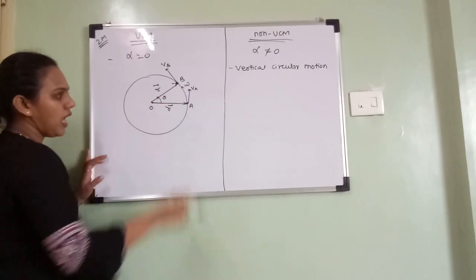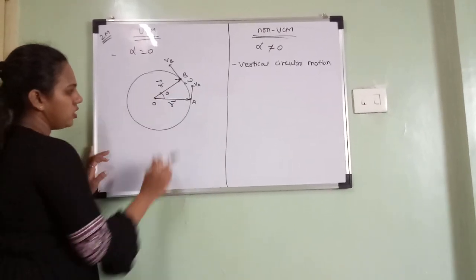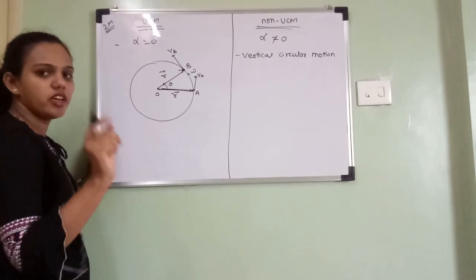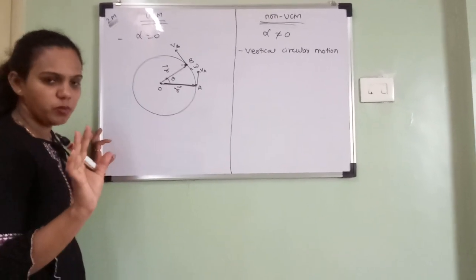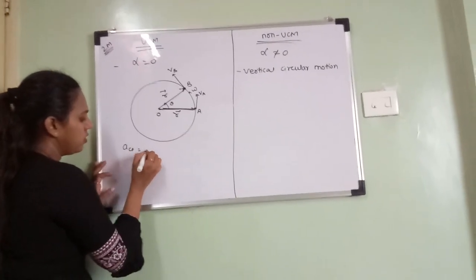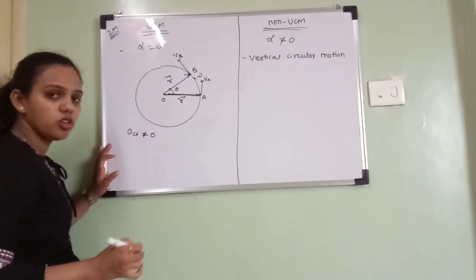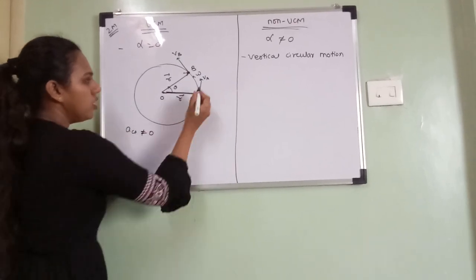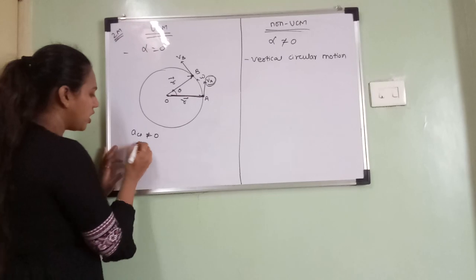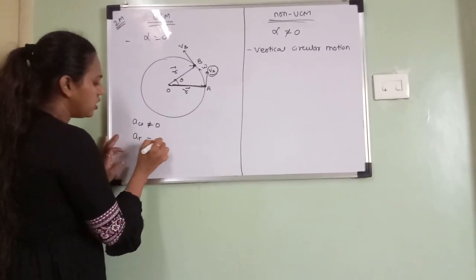Now the accelerations on this: as it is performing a circular motion, radial or centripetal acceleration will be present. So you have ACP. ACP is not equal to 0, which is radial or centripetal acceleration. As velocity magnitude is constant, no tangential acceleration, AT is equal to 0.